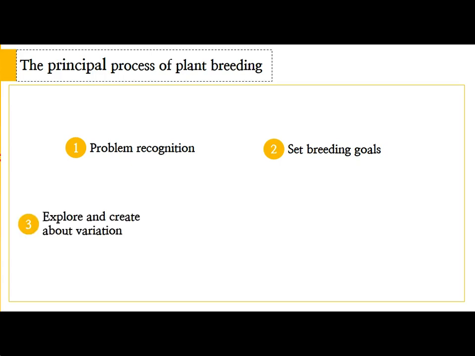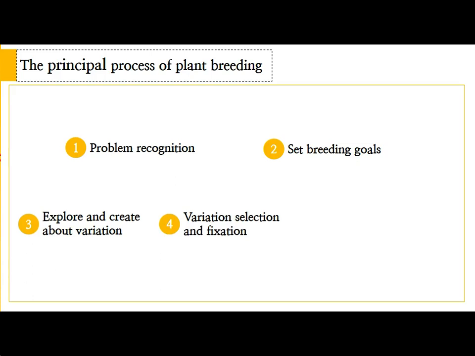Third, we will search for variation and make a selection. In this step, evaluation of genetic resources and selection of breeding materials. Variations include artificial crosses, artificial mutations, and chromosome mutations.